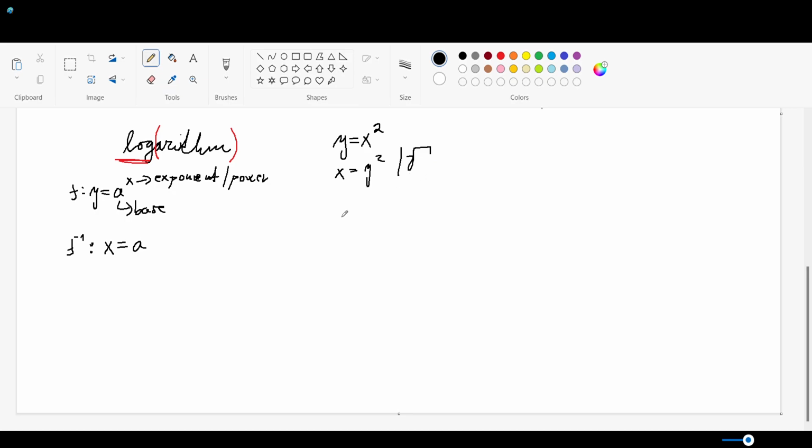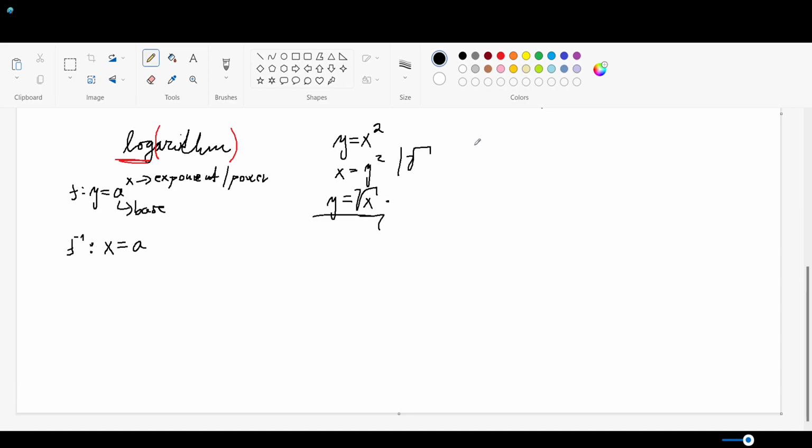It's called square root, and this was the way we found that our new inverse function was defined by the equation y equals square root of x. Then we were talking about the properties of the square root of x function and so on, but this was the main idea behind how we found the inverse function.